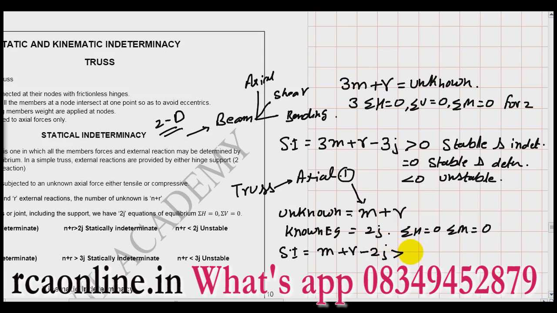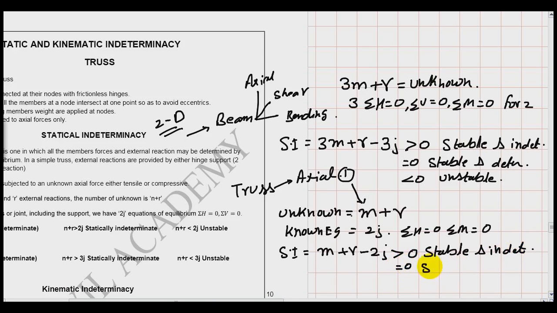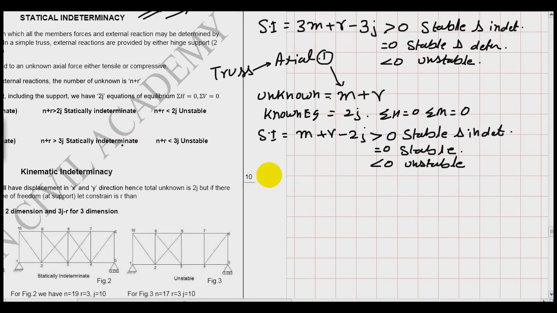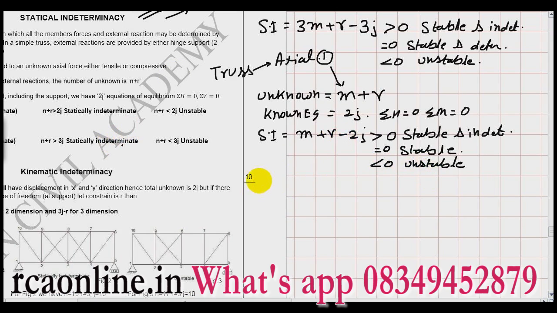Now, if this is greater than 0, then the structure is stable and indeterminate. If it is equal to 0, then the truss is stable. And if it is less than 0, then the truss is unstable. It is so simple.